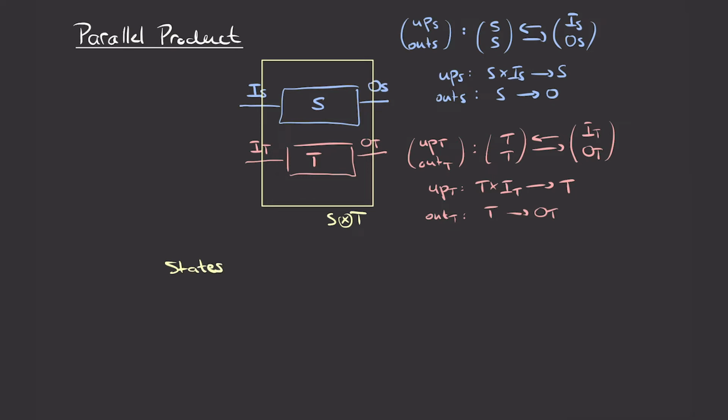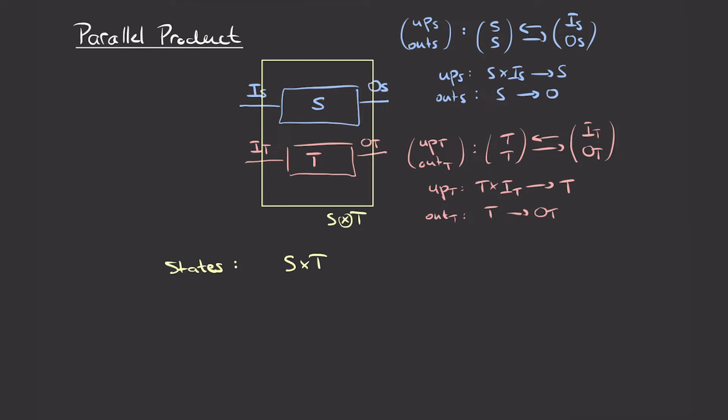If we look at the picture, we see that the state of S tensor T consists of 2 states, namely a state of S and also a state of T. And moreover, these 2 states don't have any interaction with each other, so we can get any possible combinations of these states in S and states in T. So therefore, the states of S tensor T are actually just states in S cross T, where this is the Cartesian product of sets S and T, which represent the states in S and the states in T respectively.